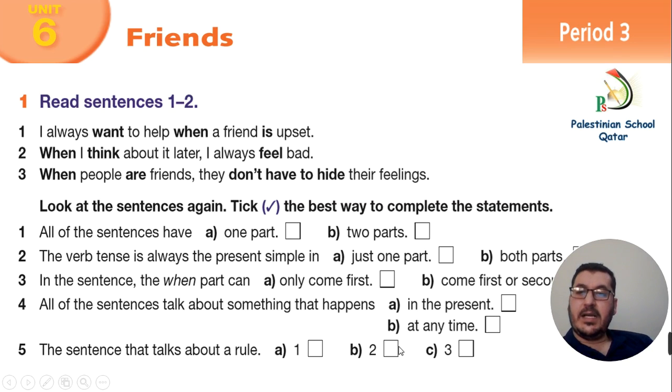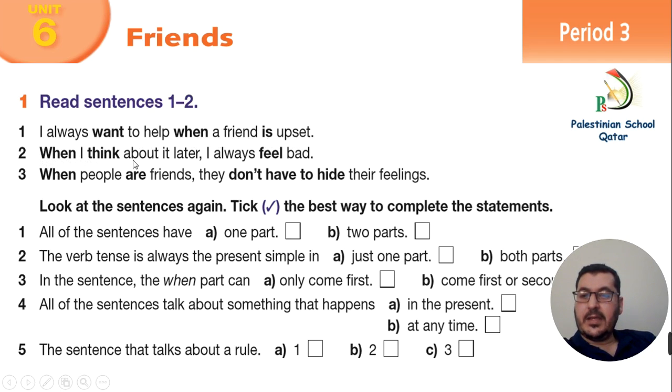Now we have exercise number 1, page 66, period number 3. Read sentences 1 and 2. 1. I always want to help when a friend is upset. 2.